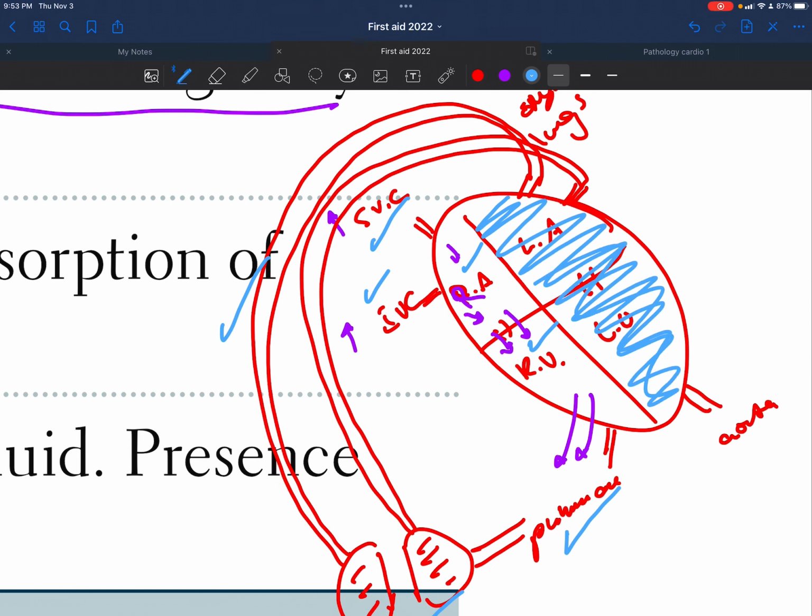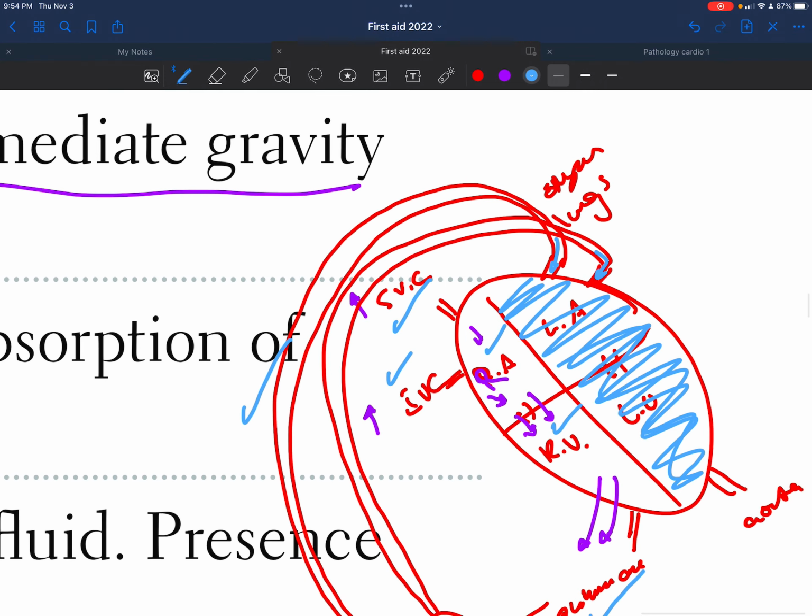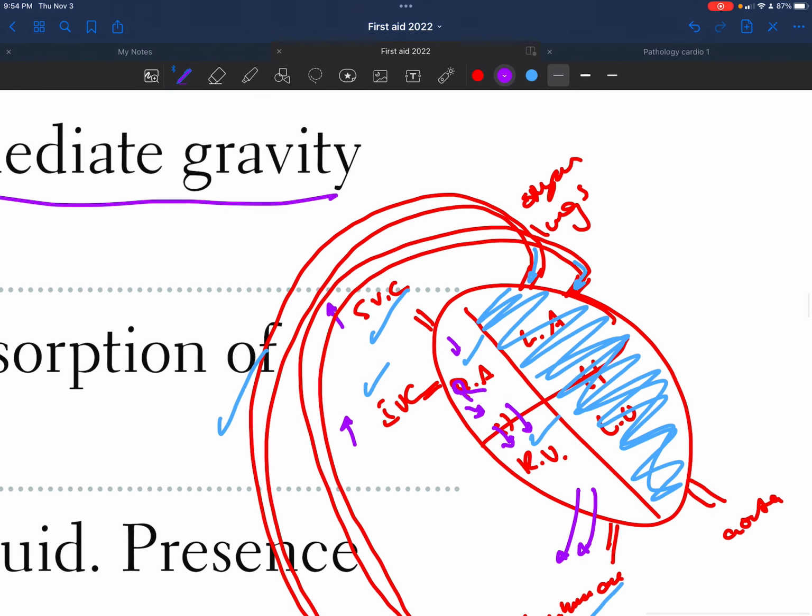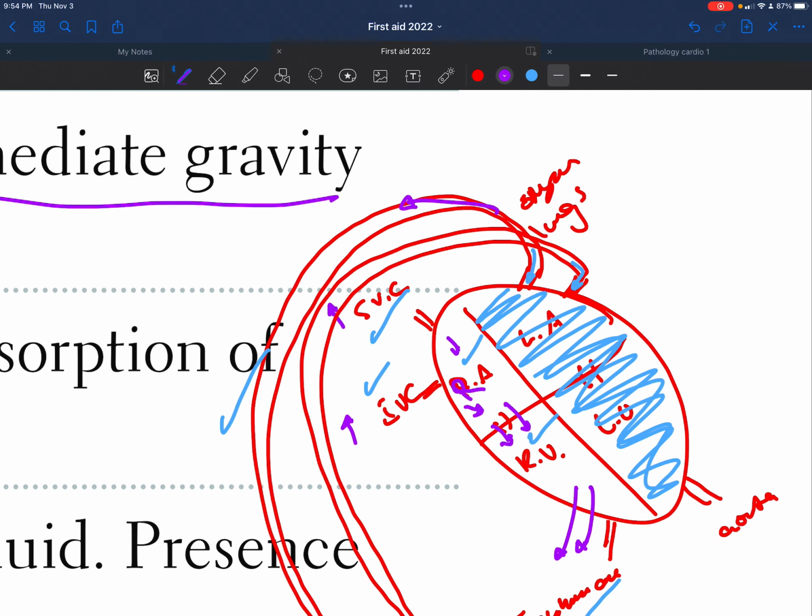So the blood gets to this point and it just gets stuck because it cannot flow completely fine in the left side of the heart, which means it will unfortunately back up into the lungs, because this side of the heart is failing.